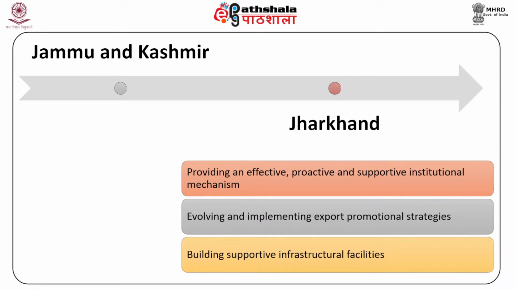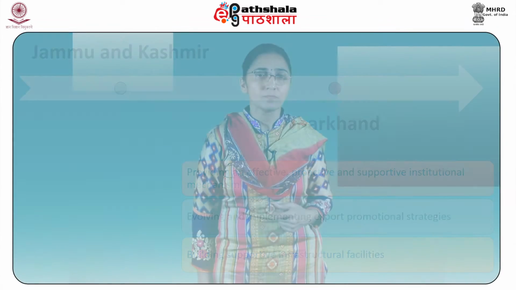The mission of the Jharkhand export promotion policy is to facilitate the rapid and sustained growth of exports from Jharkhand and to increase its share in all India exports to 2% by 2019. This is envisaged to be achieved by providing an effective, proactive and supportive institutional mechanism, evolving and implementing export promotional strategies, and building supportive infrastructure facilities.